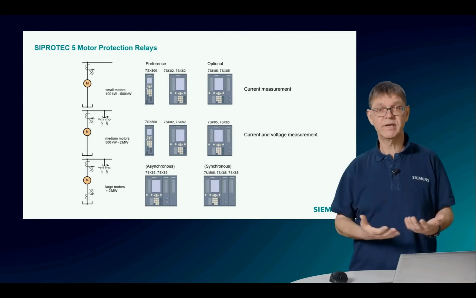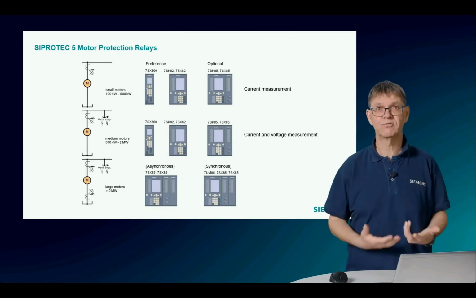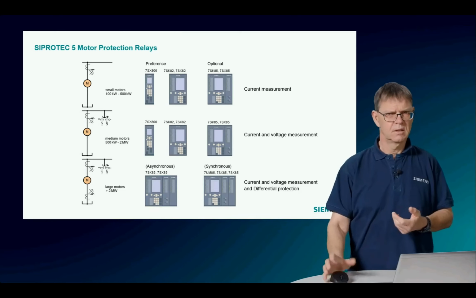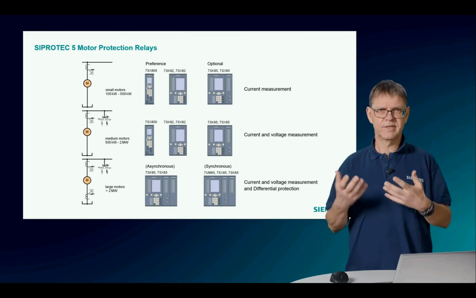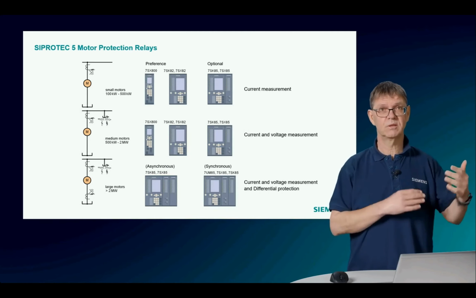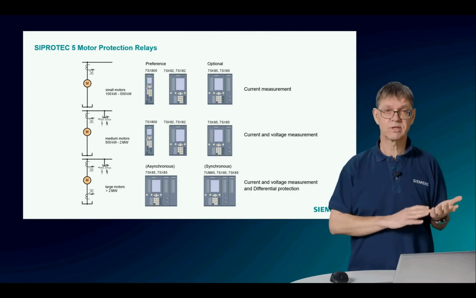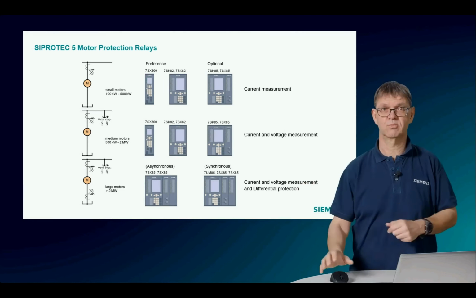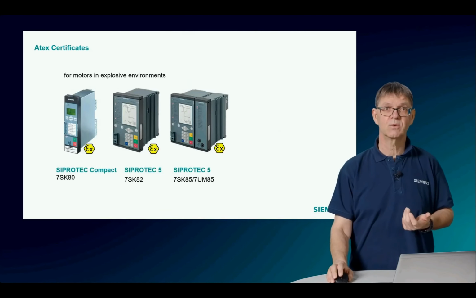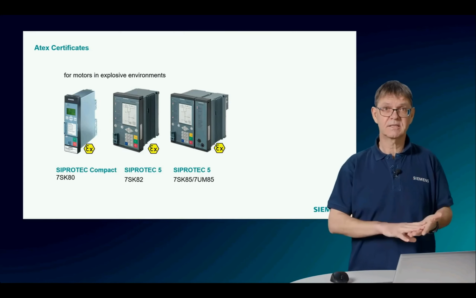But the 7UM85 has many more functions than the 7SK85 on top of that, which are especially necessary for the generator protection. So here the classification would be 2 currents for a differential protection plus a voltage probably for this kind of protection.